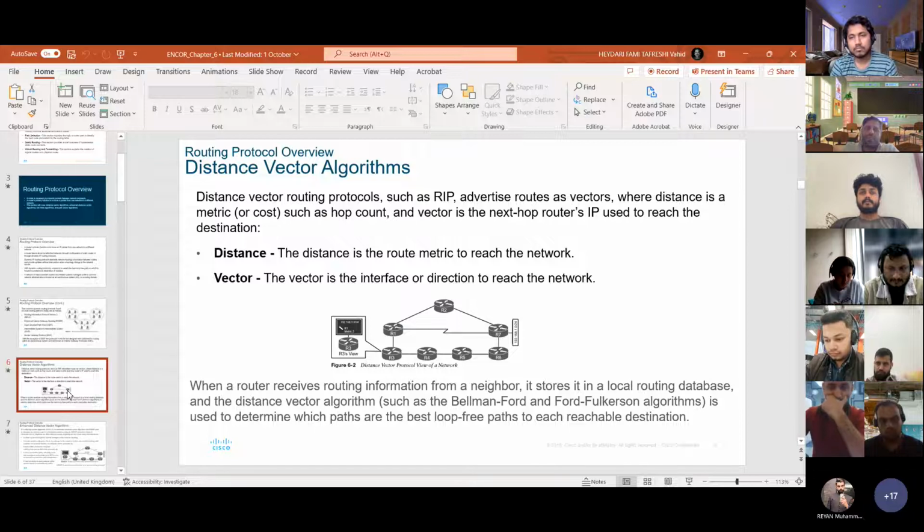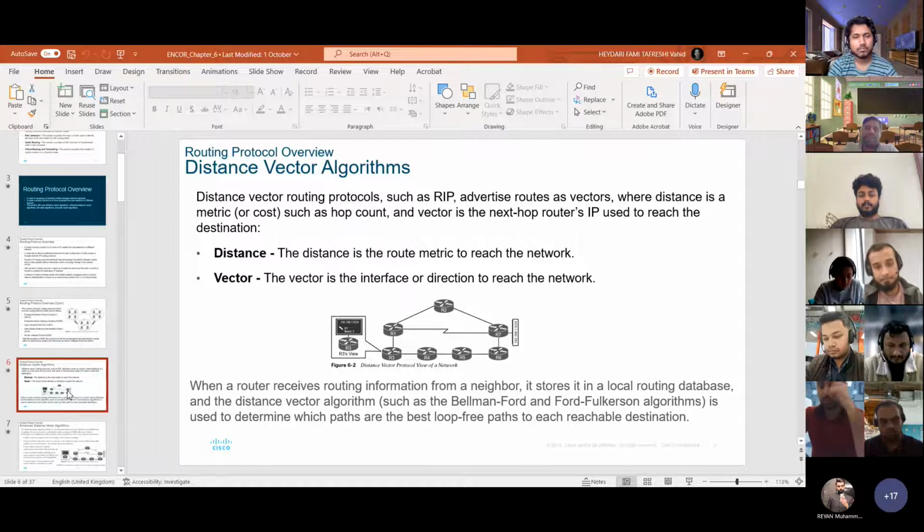But with more advanced IGP distance vector protocols, you're going to run either the Bellman-Ford algorithm or what we know as the Ford-Fulkerson algorithm. Either of these two algorithms is run on the routing updates that you have received, and then you install the best path selected and calculated by, for instance, the Bellman-Ford algorithm into your routing table.